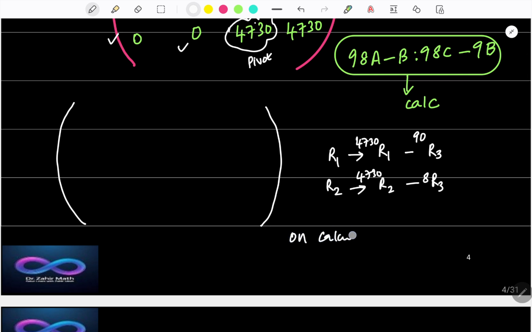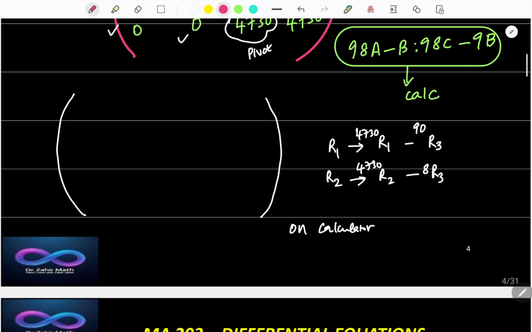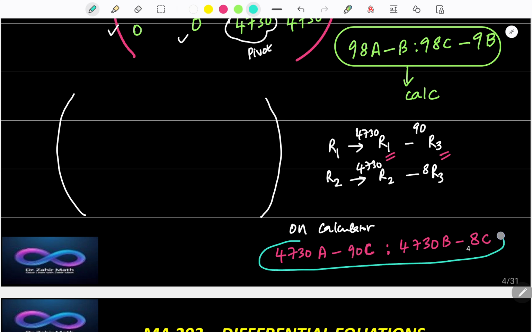On the calculator, we are going to do 4730, R1 means what? A, right? And then minus 90C, R3 means C. And then put colon, right? 4730, R2 means what? Which is B, minus 8 times R3 means what? C. So this one you are going to make in the calculator.